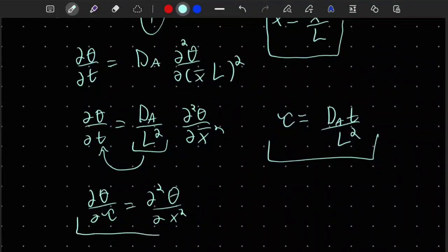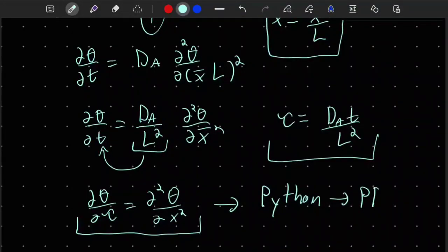And so once you get an equation like this, we can just plug it into Python, and I'll go through an example of this in another video, and we could just solve this equation by creating a little bit of a PDE solver.